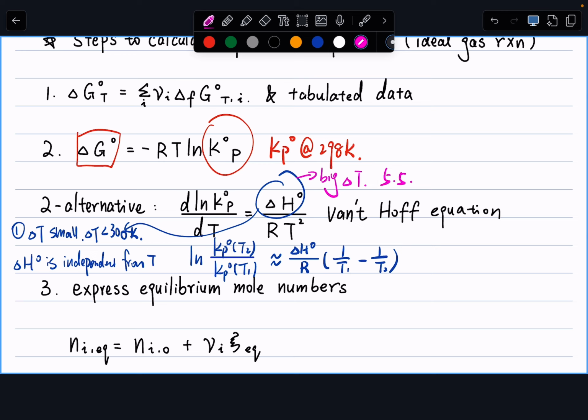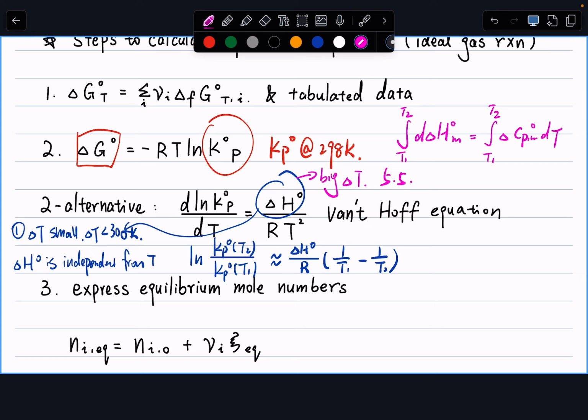In that lecture, we went over the integration of d delta H naught, the molar enthalpy, between T1 and T2, which equals the integral between T1 and T2 of delta Cp naught dT. So it's related to the heat capacity and how the heat capacity changes with temperature.